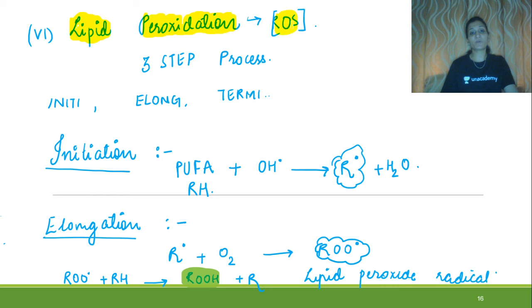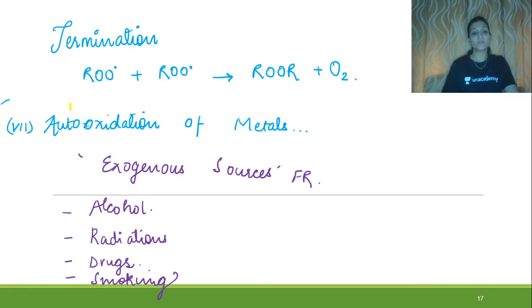Then lastly, auto-oxidation of metals. And there are some exogenous sources as well. These exogenous sources are alcohol, radiations, drugs, and smoking.